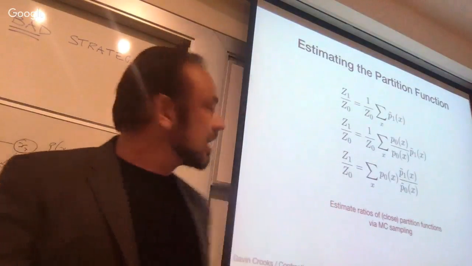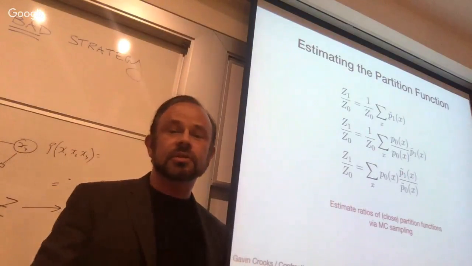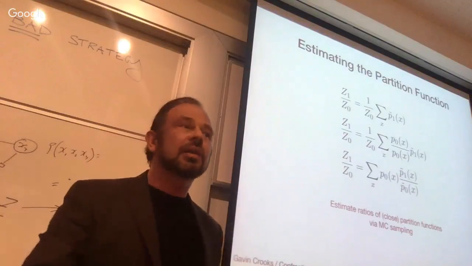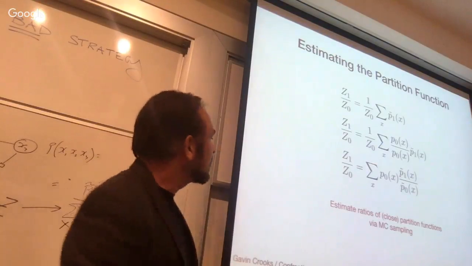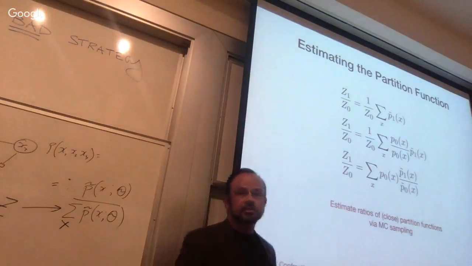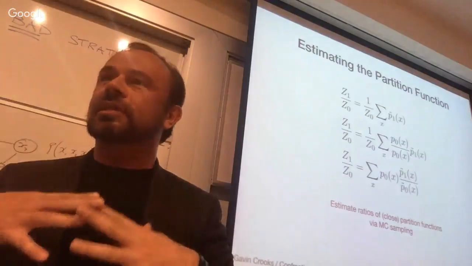So again, I can calculate all the things in here using Monte Carlo. I can sample from one of these distributions, and in principle, I can calculate this ratio of these unnormalized probabilities. And that tells me this ratio. Again, the trick is, as long as things are pretty close together.